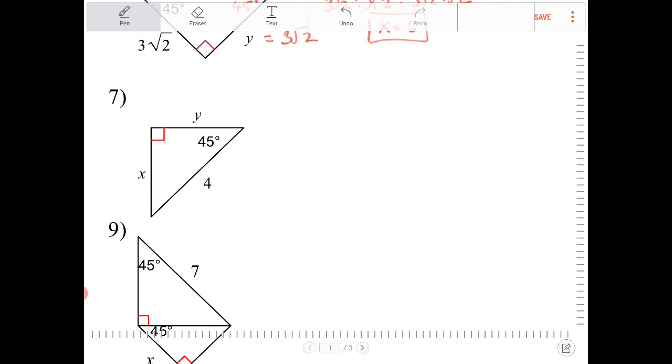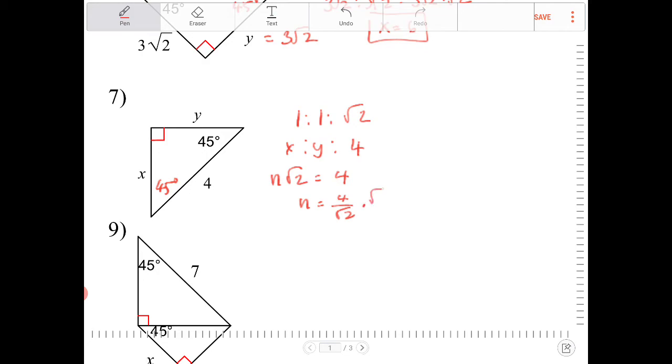Alright, so here, this is 45. So that means 1, 1, radical 2. 4 corresponds with the radical 2. So what am I multiplying n radical 2 by to get 4? If I divide both sides by radical 2, I'll end up with 4 over radical 2. And remember, we've got to rationalize.